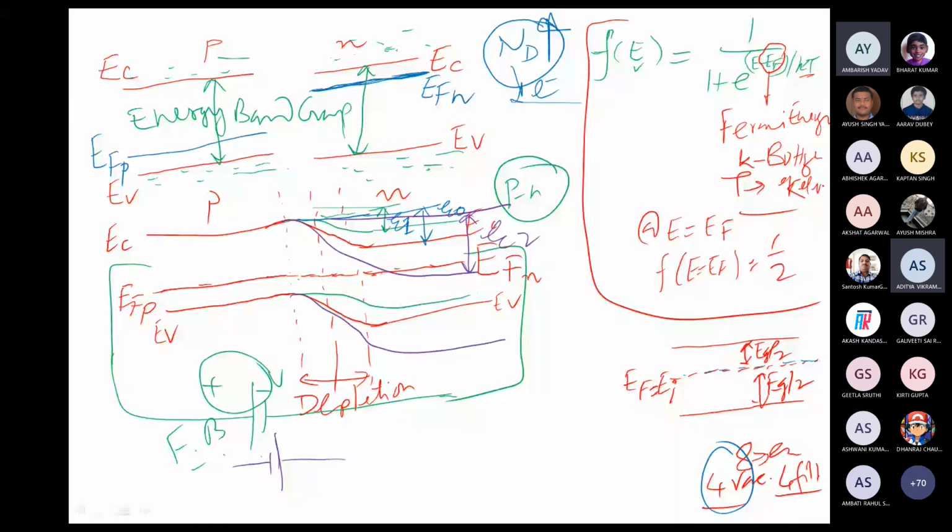Okay, so we have just seen how we can draw the energy band diagram. You can practice on your own now the drawing of the energy band diagram for the P and N junction in the forward bias and in the reverse bias.